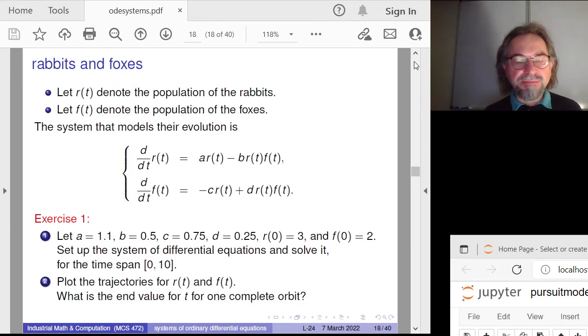So there is a nice periodic motion in this model as well. So the end question of this exercise: can you find the time at which you have one complete orbit? There is a cycle in this model where when you start at 3, 2 for the initial conditions, you end back at 3, 2 for this particular choice of parameters.